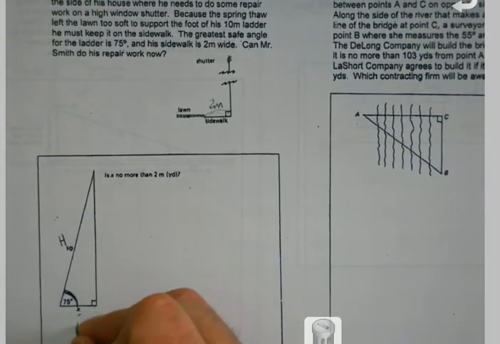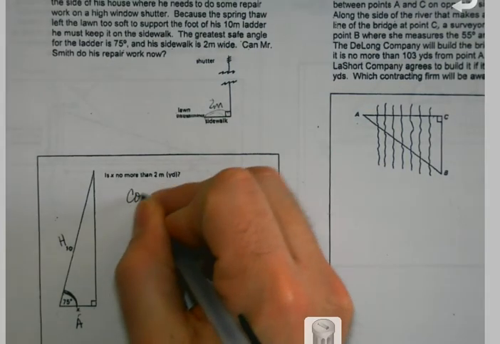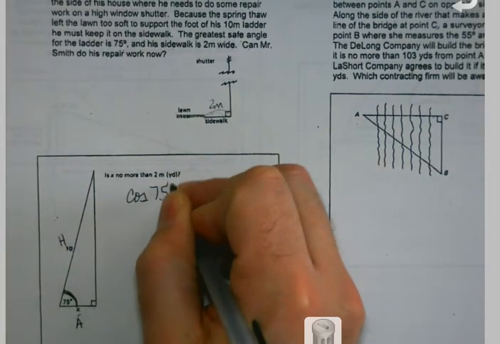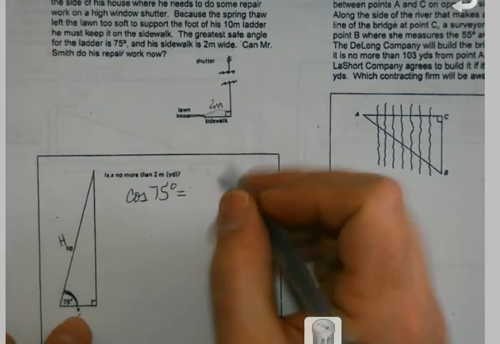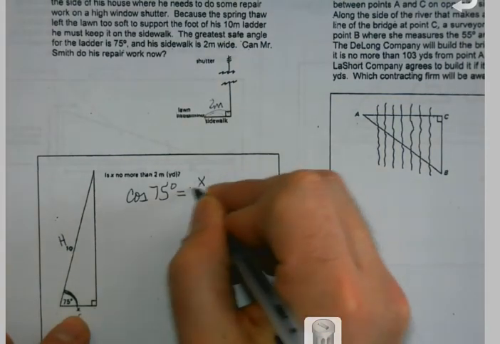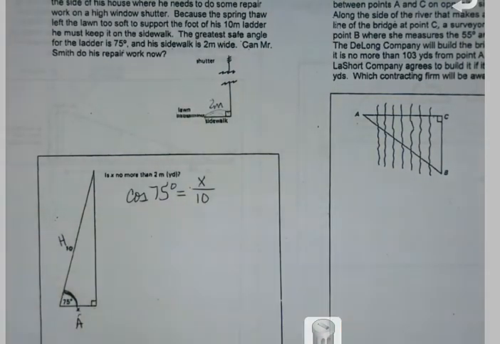Adjacent. So which of my basic trig functions, sine, cosine, or tangent, use adjacent and hypotenuse? Cosine. So I'm going to have the cosine of 75 degrees equals my adjacent side, x, over my hypotenuse.